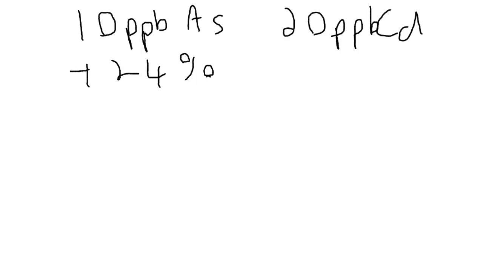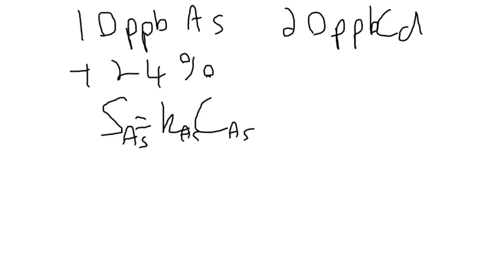Okay, so we can say that for any signal, it equals a proportionality constant times the concentration. So for arsenic, we can rearrange and say that k is the signal for arsenic divided by the concentration.